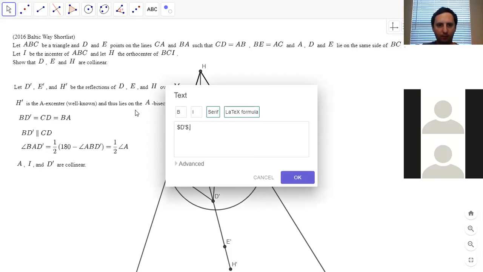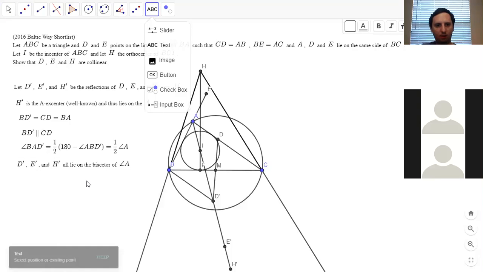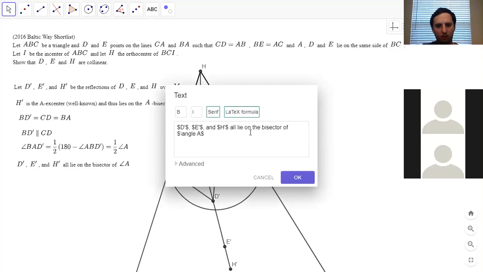So D prime, E prime, and H prime all lie on the A bisector, and thus are collinear. So by symmetry, D, E, and H have to be collinear.